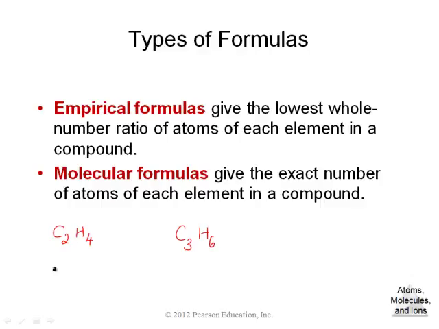So you can write CH2. Remember, when we don't write anything, that means it is 1, right? The empirical formula for ethylene will be CH2. How about hexene? This is 3 to 6. If you reduce that to the lowest possible ratio, what would you get? Once again, 1 to 2. 3 is a common factor.